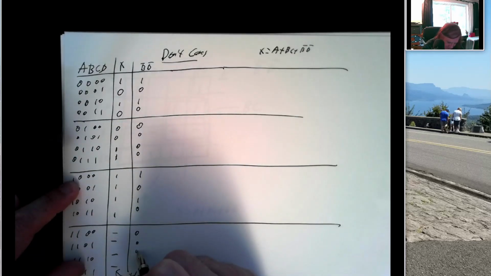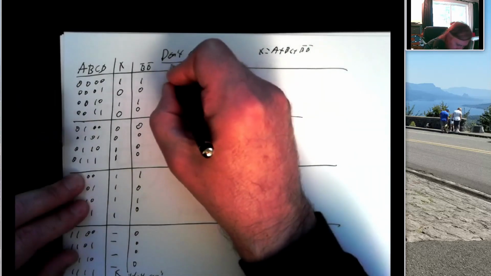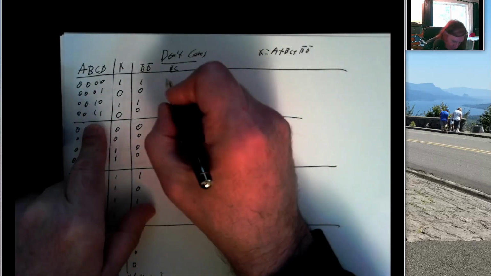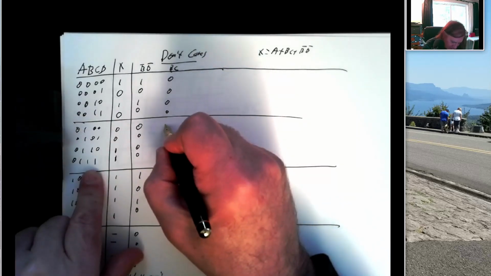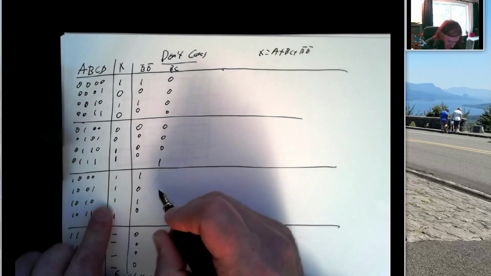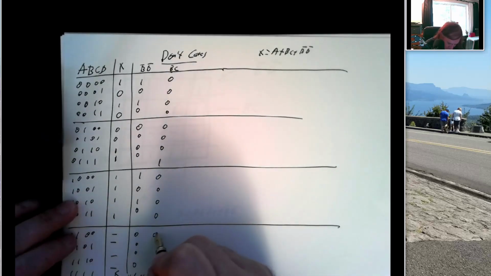And all of these, B is a 1. And then we can make a column for BC. When are B and C both 1? Well, they're not both 1 here. They are both 1 down here. They're not both 1 in any of these, but they're both 1 right here.